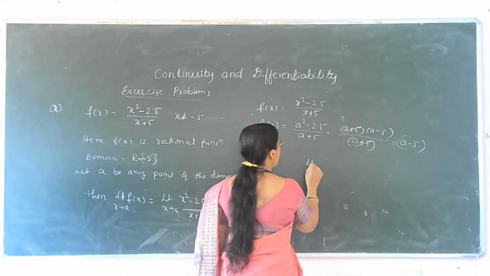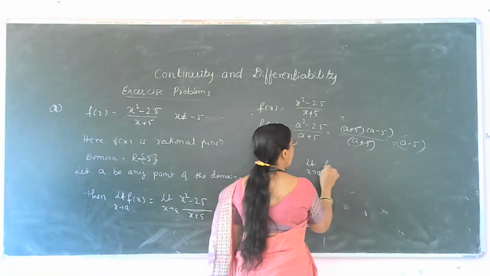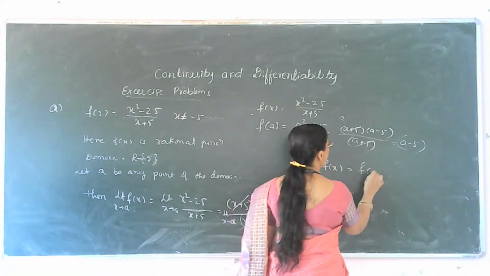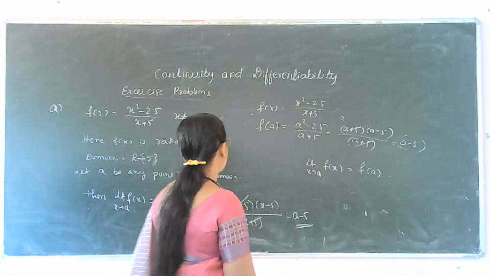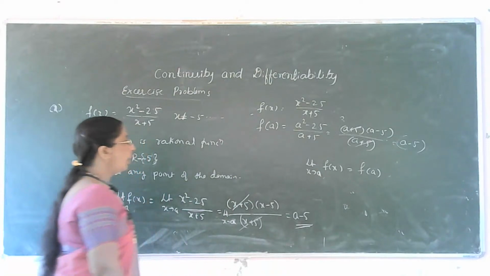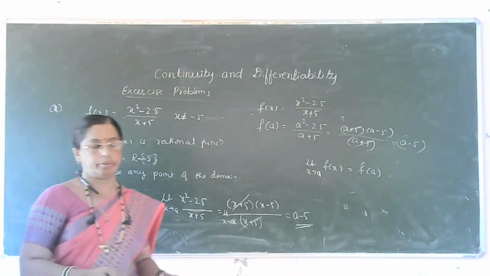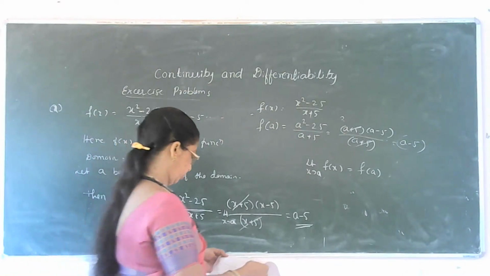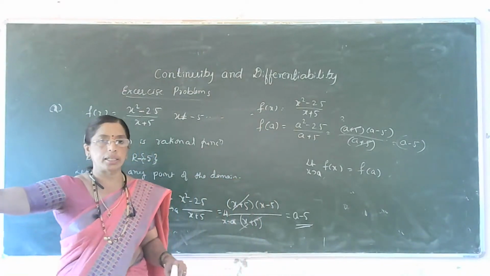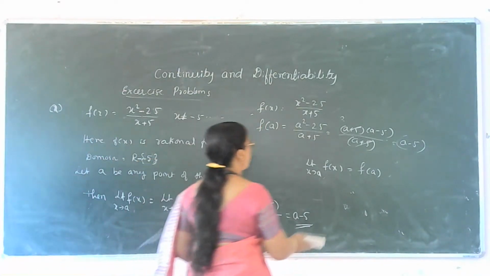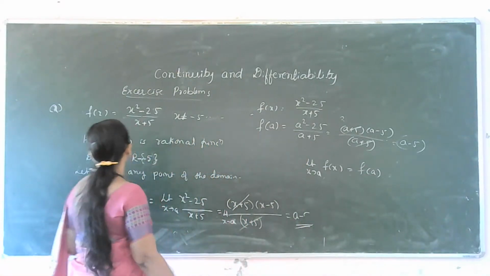Therefore the limit as x tends to a of f of x is equal to f of a. Therefore the function is continuous at every real number in the domain of f, because in the domain minus 5 is not there.